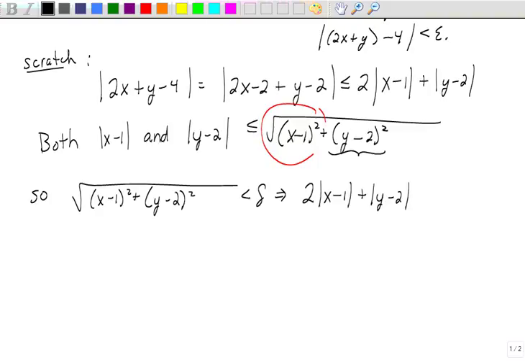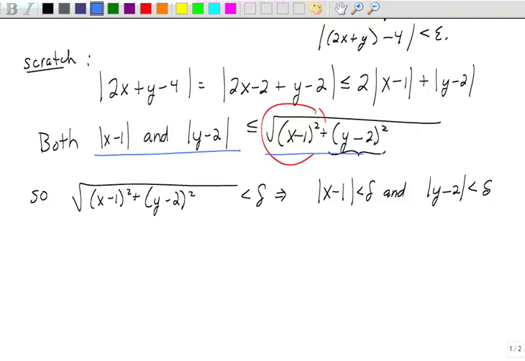Well, let me put all the steps in. So that implies |x minus 1| is less than delta and |y minus 2| is less than delta, because both of those are less than the square root.